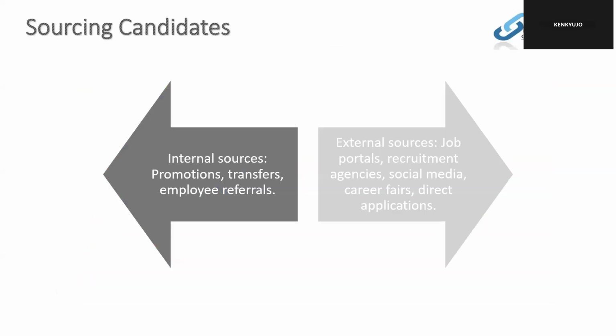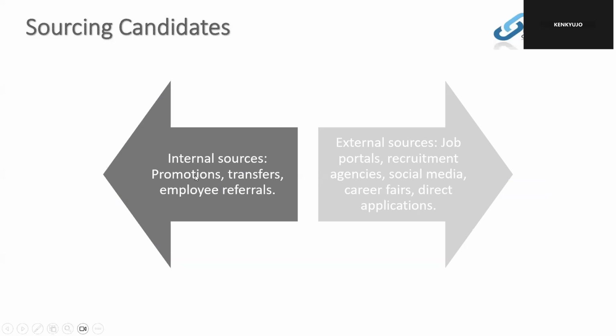When the organization sources candidates, as I told previously, there are two types of sourcing method. The first one, internal sources. Internal sources may be promotions, transfers of an employee from the current position to the required next position, and employee referrals.